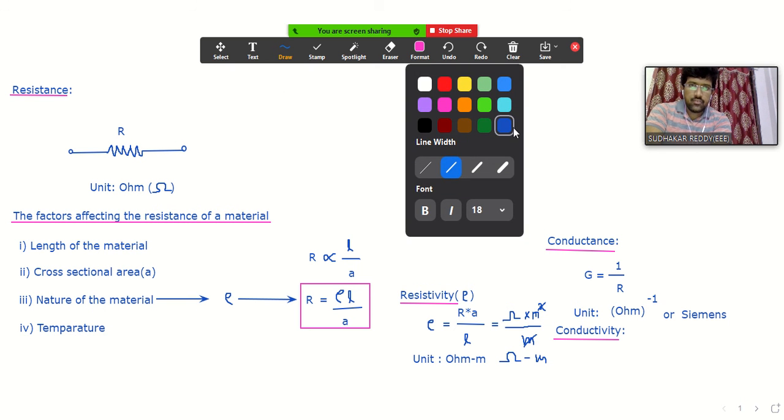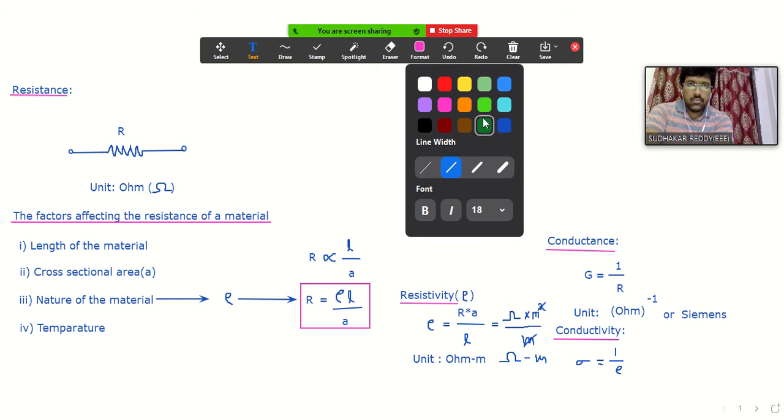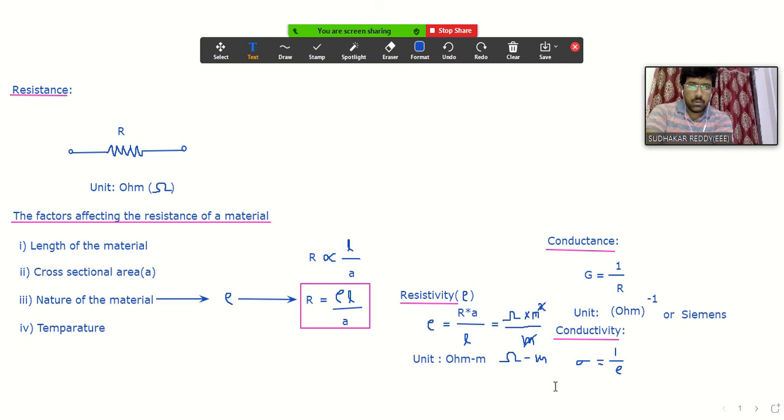Sigma is defined as the reciprocal of resistivity. So sigma equals 1 by rho. What will be the unit? Because the unit for the resistivity is ohm meter, what will be the unit for the conductivity? Ohm meter whole inverse, right?